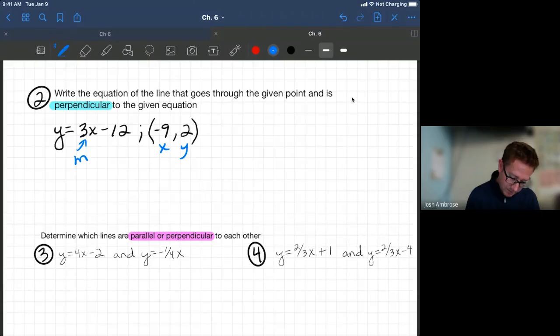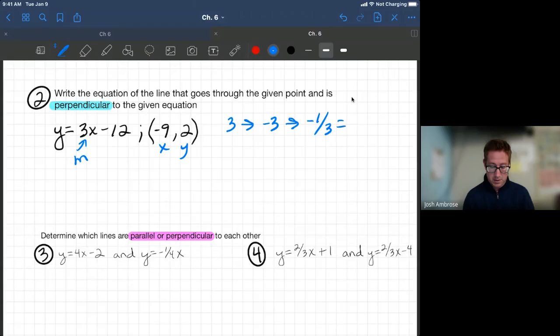So if we are starting with 3, the opposite is -3, and the reciprocal would be -1/3. So that right there is going to be my slope for the perpendicular line, opposite reciprocal. We have x is -9 and y is +2. Now we can plug in some values.